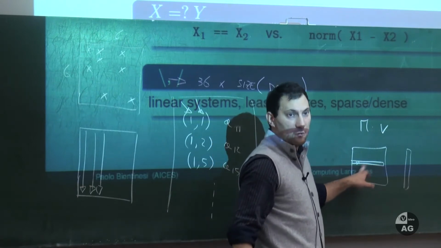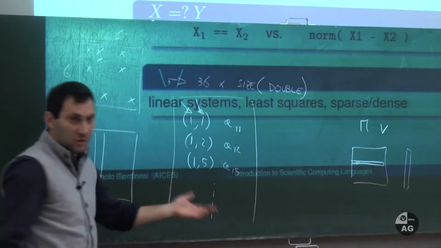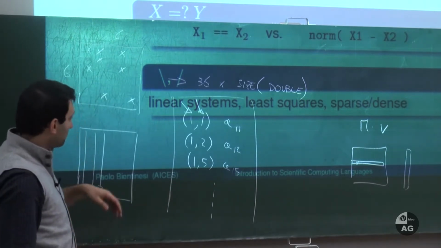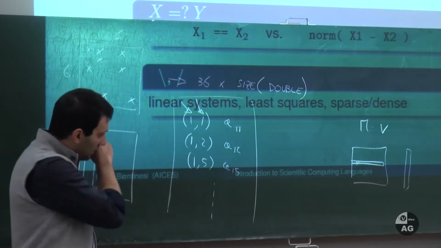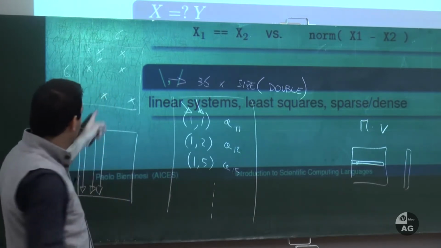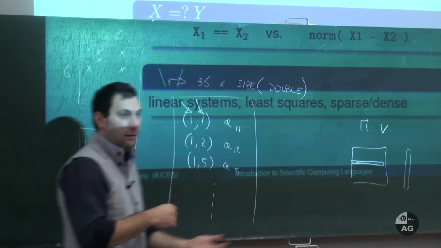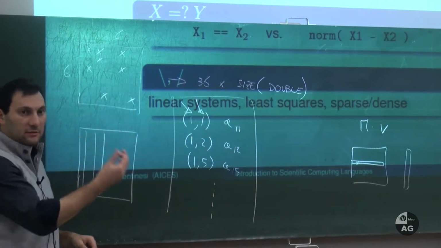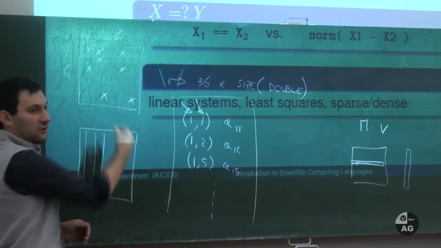The access in memory is completely different. The storage is completely different, obviously. So depending on what you do with this matrix, the convenience comes sooner or later with the number of zeros.